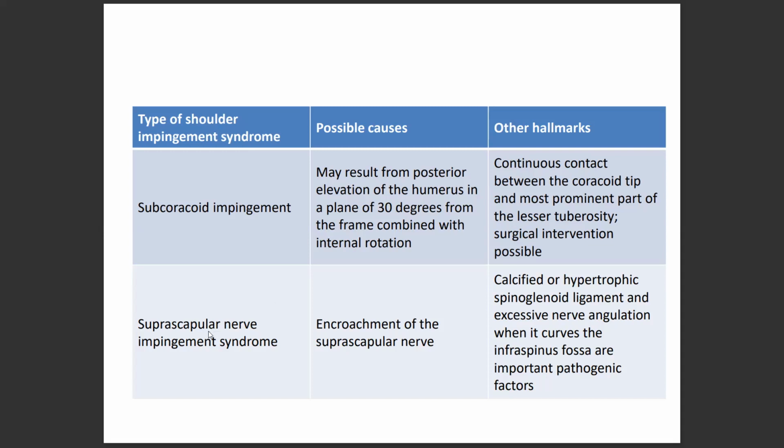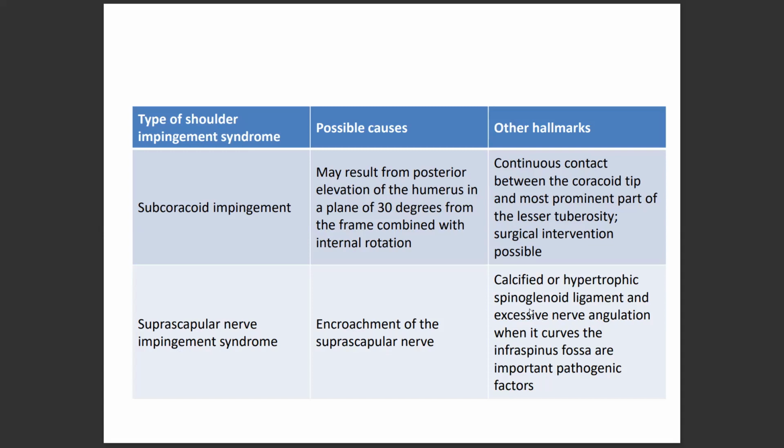Another type of shoulder impingement syndrome is the suprascapular nerve impingement syndrome, which is actually encroachment of the suprascapular nerve. Here, there is no such impingement of tendon or ligaments or capsular structures. There is a nerve which is being encroached here.